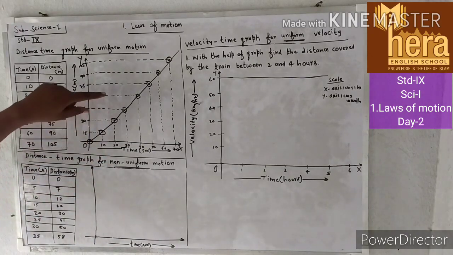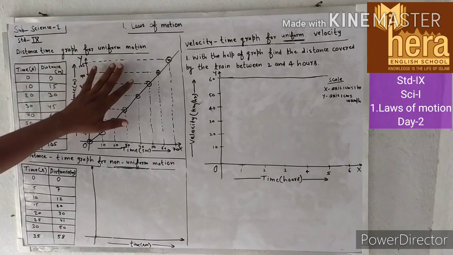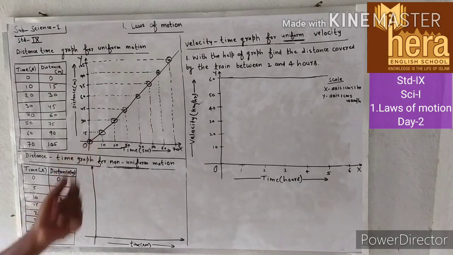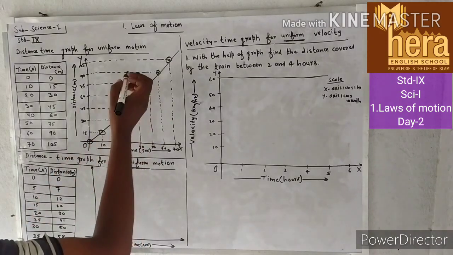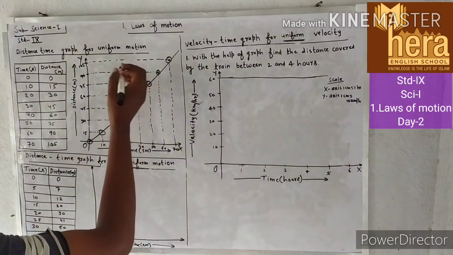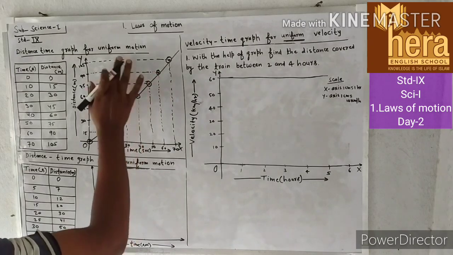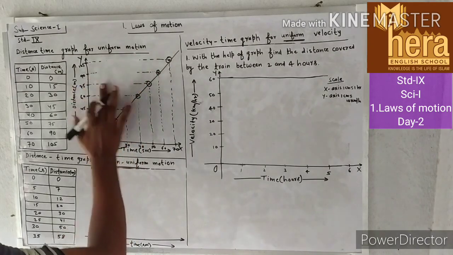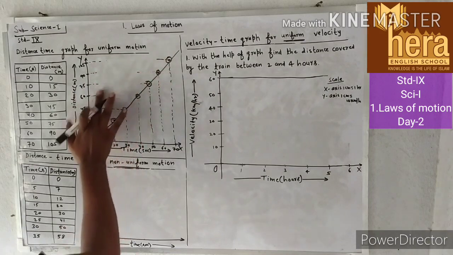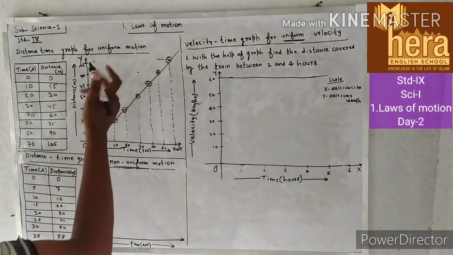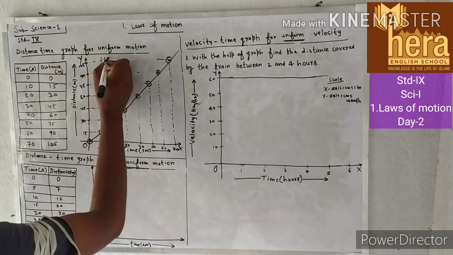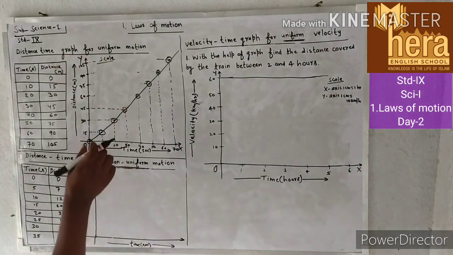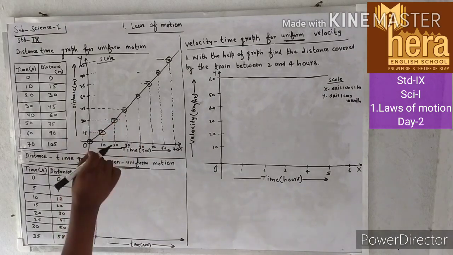One thing I want to tell you, in the graph you have to do the scaling. Scaling means what? Here you have to write, space is not there, so I am erasing this one. See, that is scale. Scale means what? You have to measure, otherwise this graph is wrong.